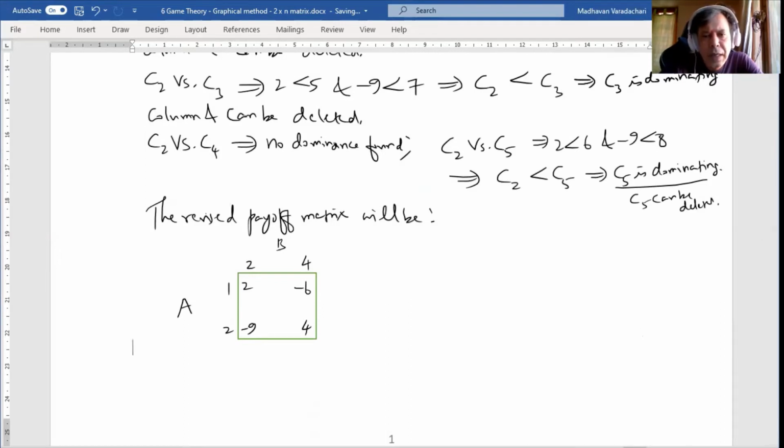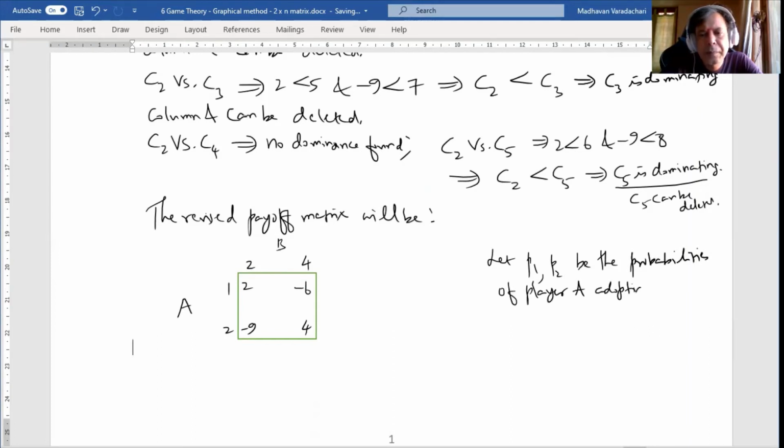Now we can say let P1, P2 be the probabilities of player A adopting his strategies 1 and 2 respectively.